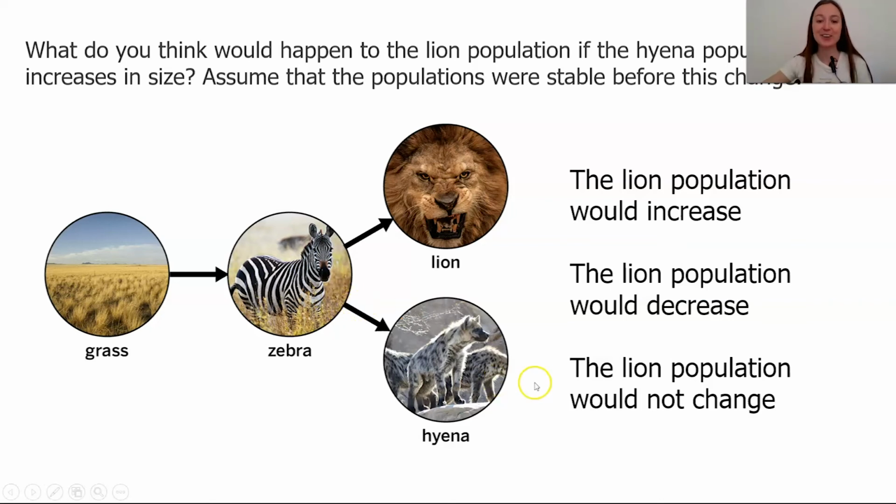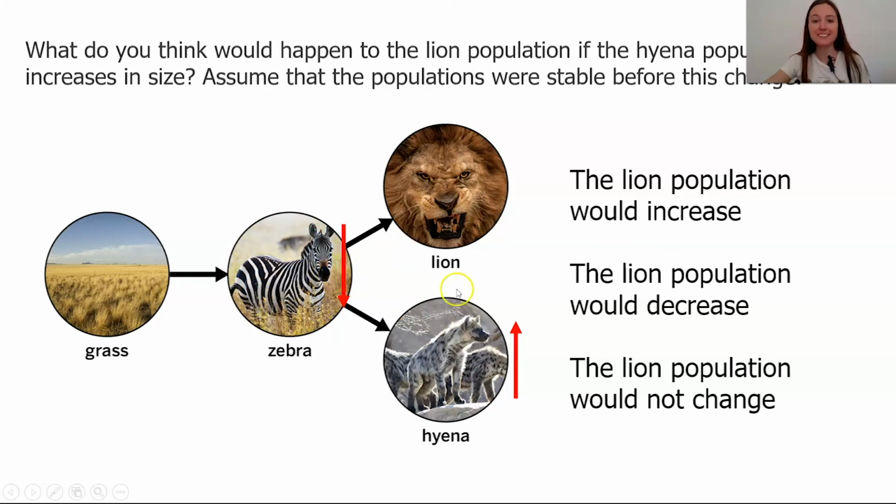All right, so I'm going to start by putting a little arrow next to my hyena because I know that population is increasing. That means their resource population, the zebras, will be eaten more because the hyenas need more energy storage molecules. That's going to mean more deaths in the zebra population, and that is going to cause an overall decrease in their population.